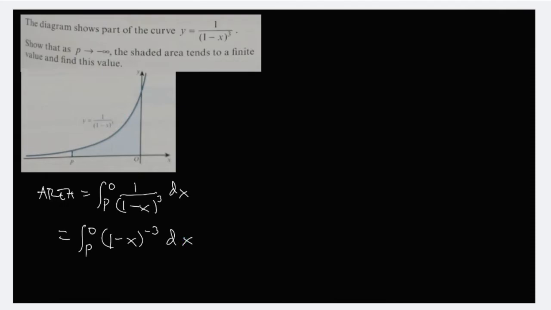Now, let's start to integrate. This is in the form ax plus b raised to n, so this is not ordinary integration.